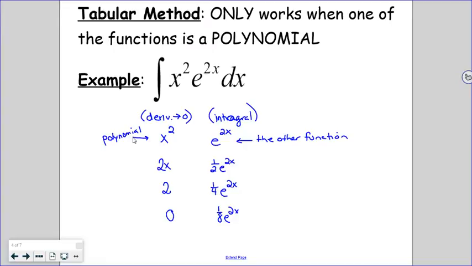Okay, and here's the, again, a little bit gimmicky part of this: now we're going to multiply in diagonals. So I'm going to take my first term of that first column and multiply diagonally, multiply diagonally, multiply diagonally. Your diagonals need to alternate signs. So this will be a positive, a negative, a positive. We'll add that term, subtract that term, add that term. Okay.